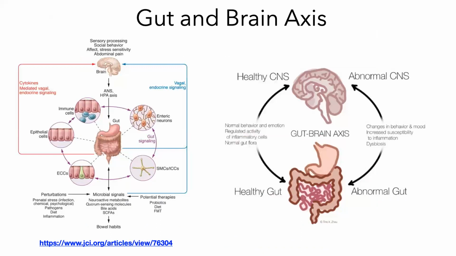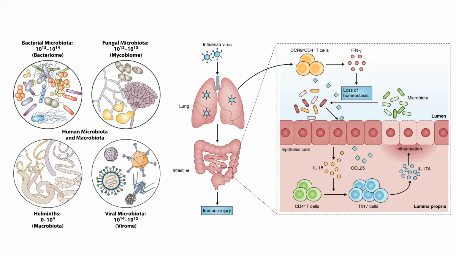Gut and brain axis, right? So an important connection between the gut and the brain. Those microbes have a way to pass information between the gut and the brain. And so this is an important part of the gut microbiome function as well. And what's important to understand when we are trying to study, for example, inflammation.